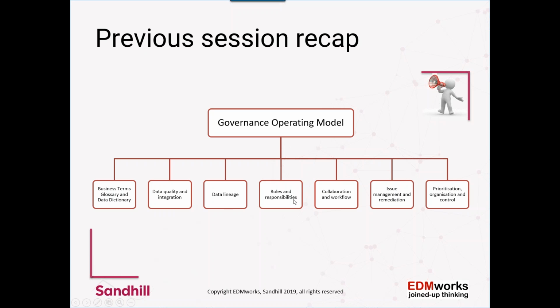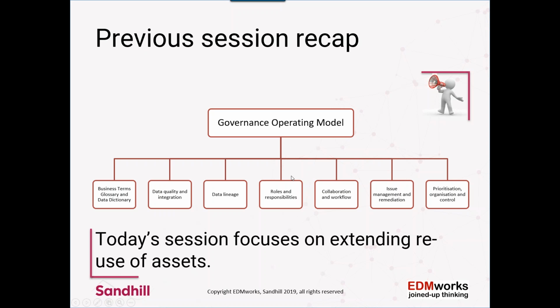As part of that, we also looked at the roles and responsibilities, and what collaboration, effort and workflow needs to be put in place as part of the governance operating model, so that the assets we're building have a solid foundation, are reliable, can be verified and proven to be what they're supposed to be, and have an approvals workflow.